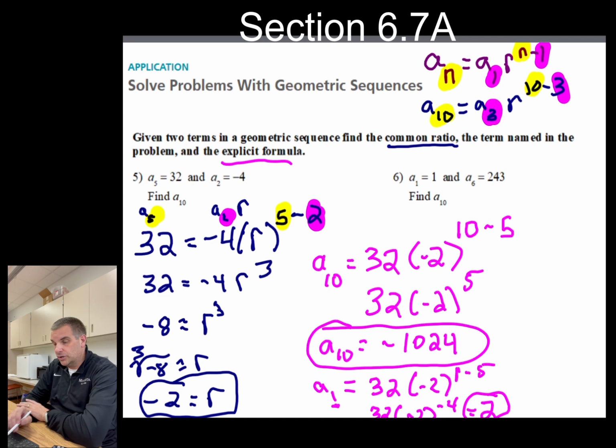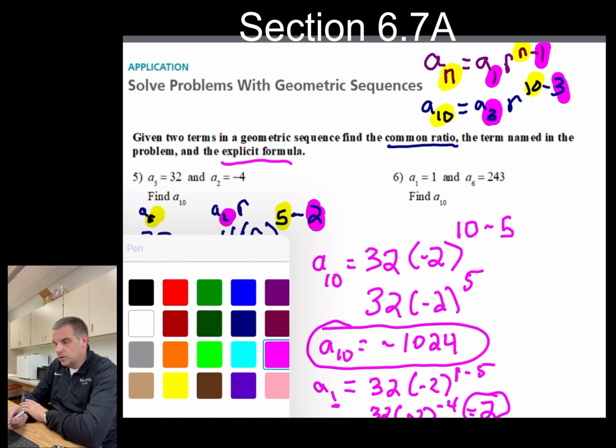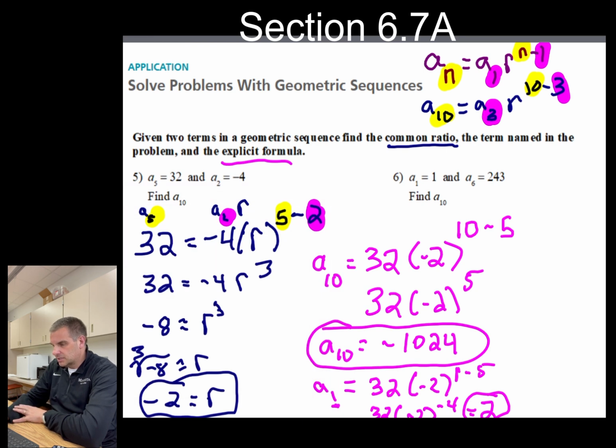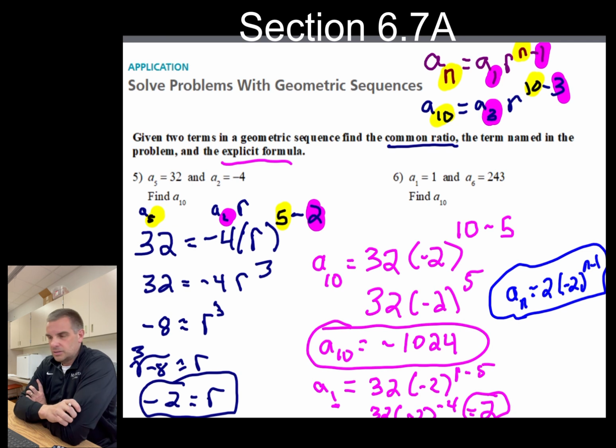So our first term in this case is 2. Therefore, our formula, a of n, is equal to our first term 2 times our ratio, -2, to the n minus 1. And there are your solutions to this problem.